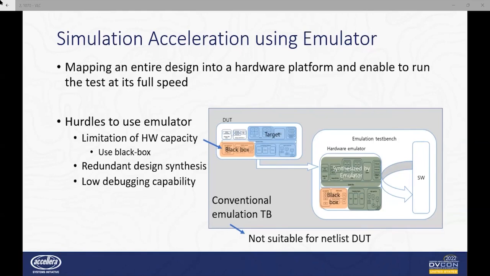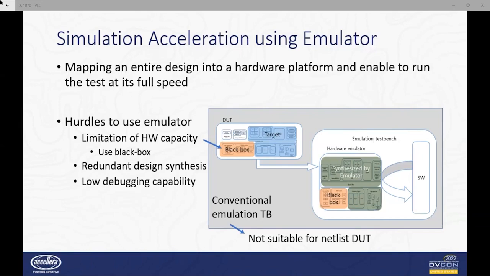We can verify the memory-based operation using this conventional emulation test bench, but it is not suitable for logic-based verification because logic-based is implemented in netlist, which consumes more hardware area than RTL, and we need more budget for logic-based as well as real usage scenario verification.